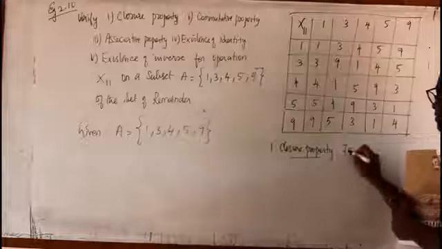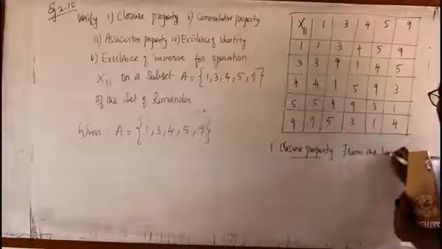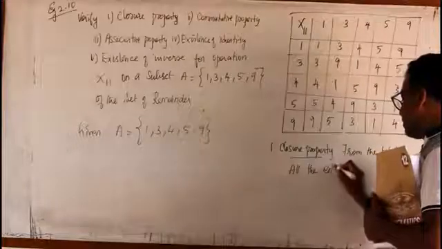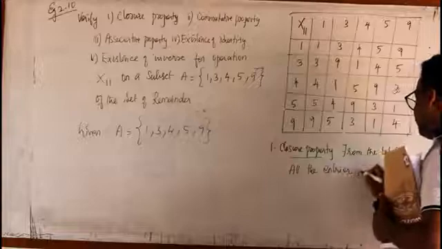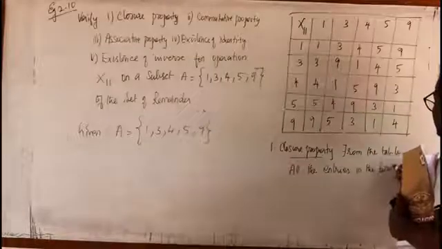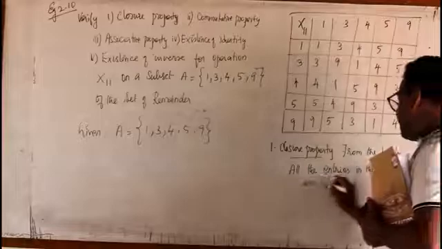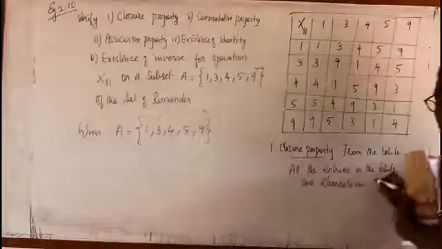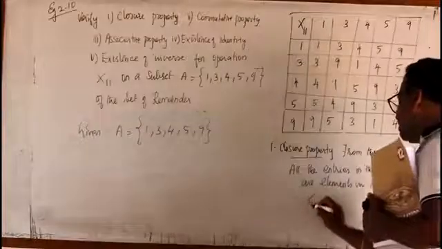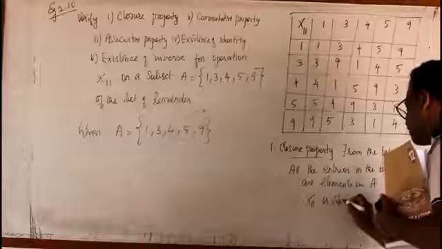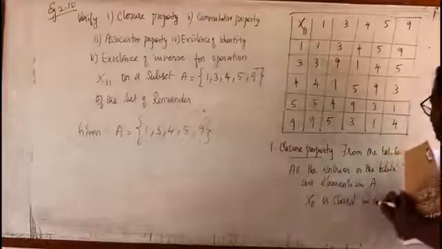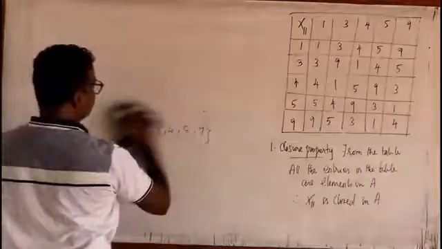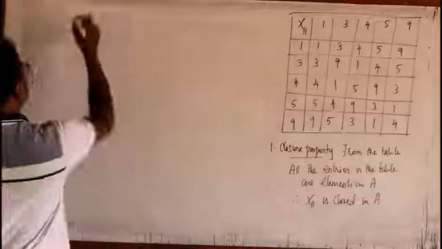So from the table, what I have understood, all the entries in the table are already elements in A. Therefore, multiplication modulo 11 is closed in A. So the first one, the closure property, is obeyed by this table, by this set.